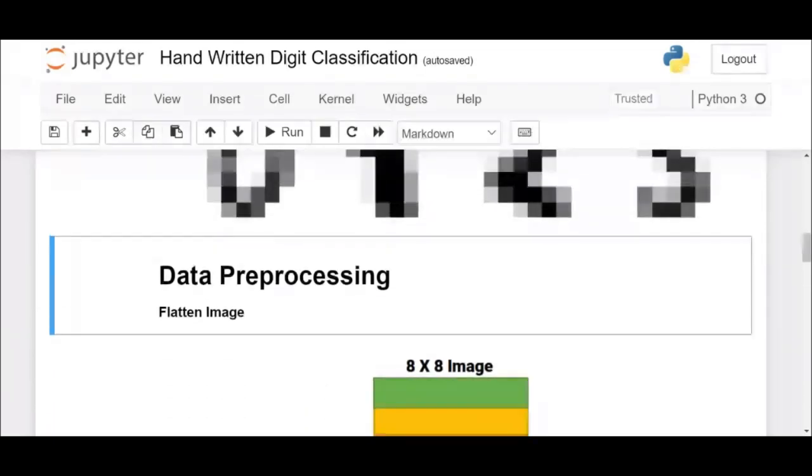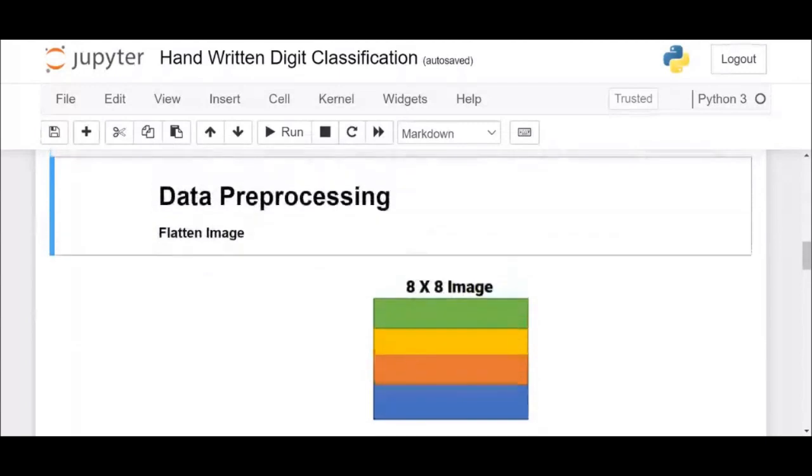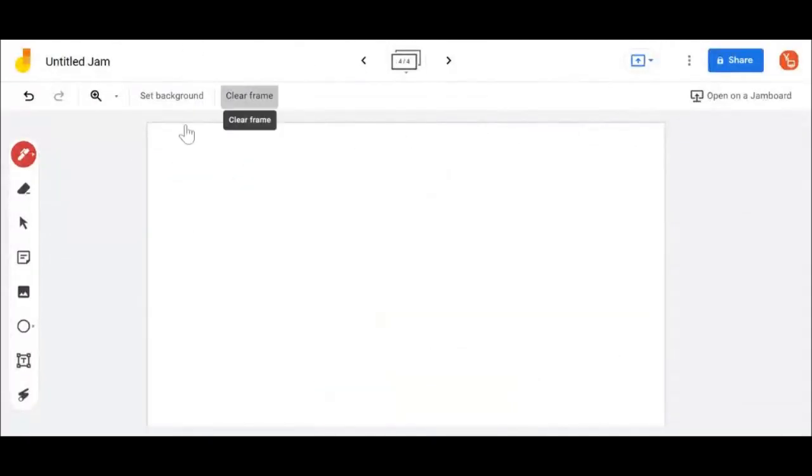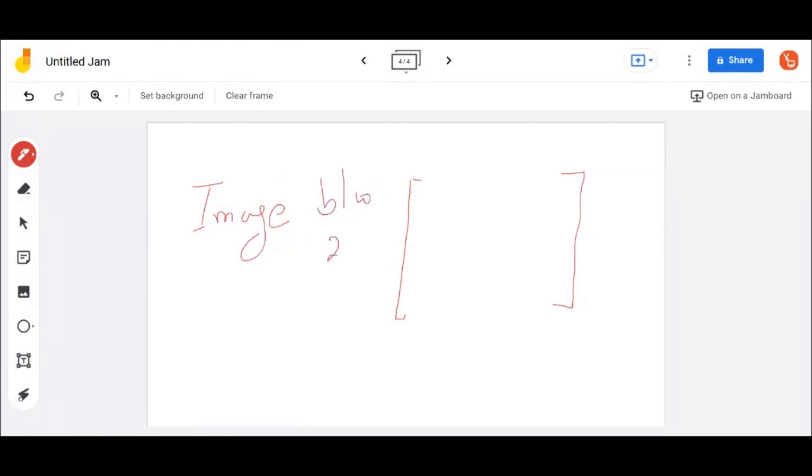Now tell me, if I have to store an image, what is the shape of the image? Images are stored as pixels. A black and white image is stored as a 2D matrix. Here it is 8 by 8, so it has 8 pixels here and 8 pixels here.